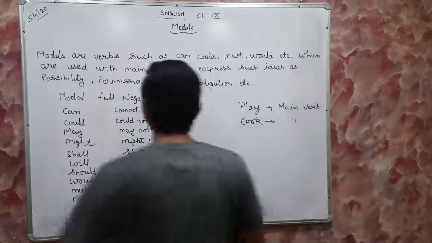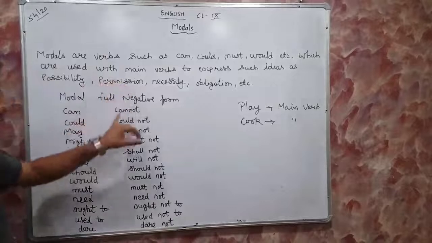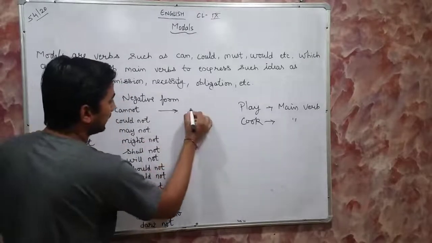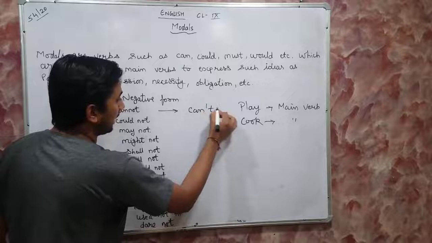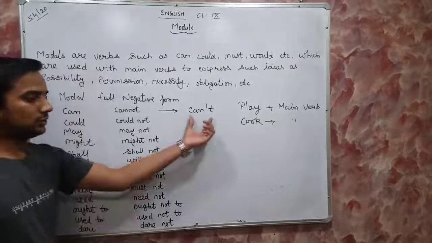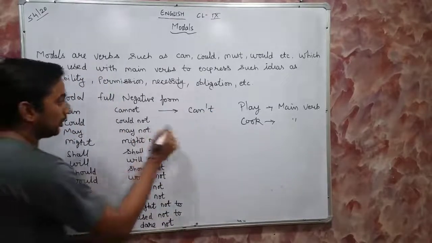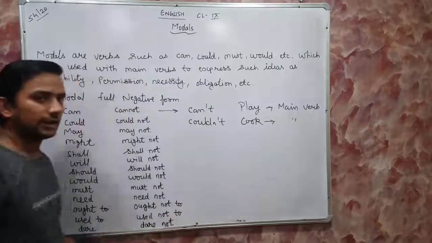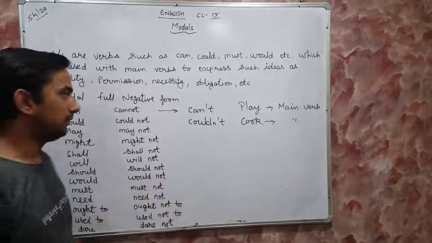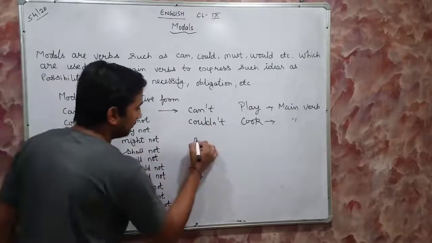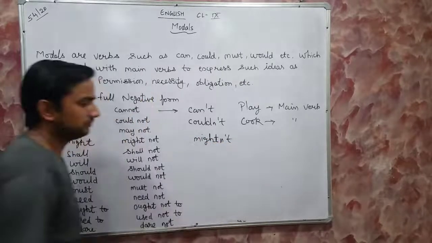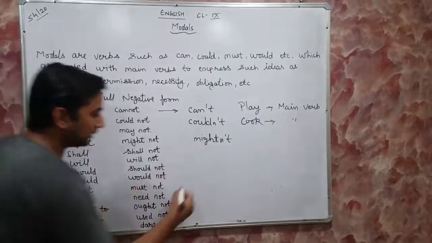Similarly, you can write the negative form of modals in short form also. Cannot, I can write as can't. This is the short negative form. Could not I can write as couldn't. Again, this is the short negative modal. Might not I can write as mightn't. Would not as wouldn't.